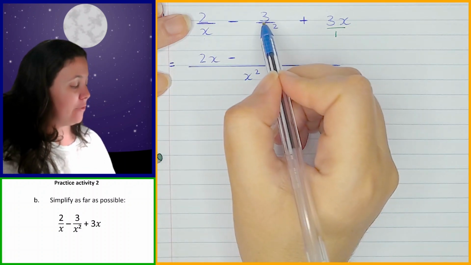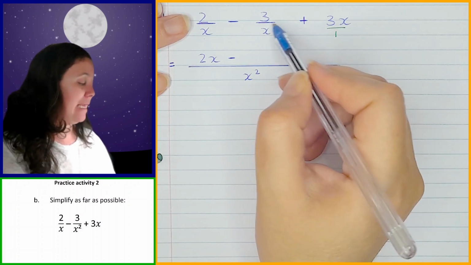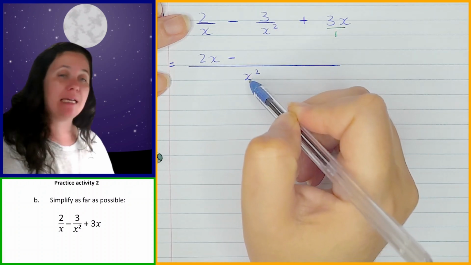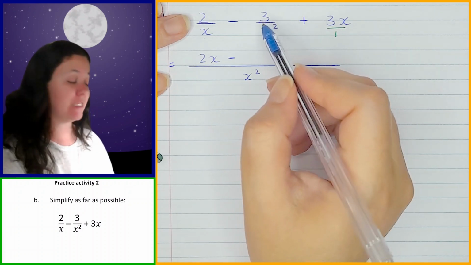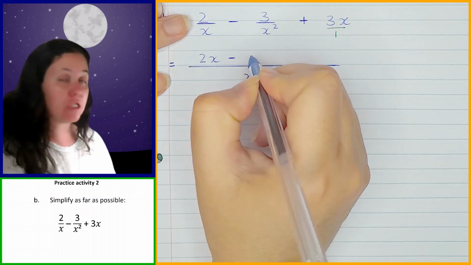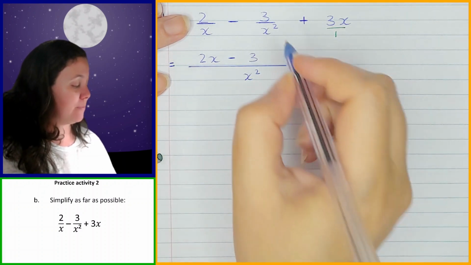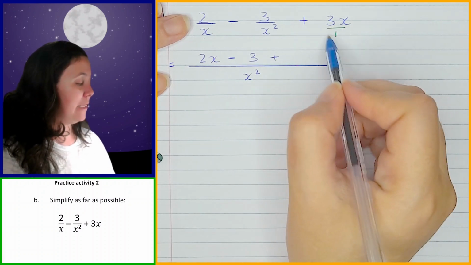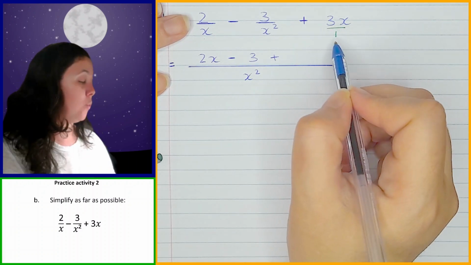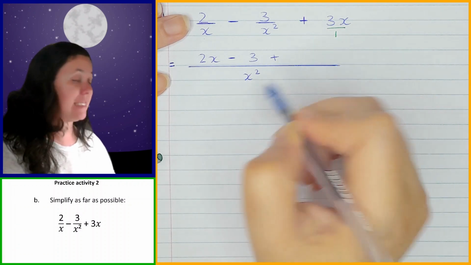Minus, then over here I've got 3 at the top, and the x squared is already the same as the LCD, so I don't need to multiply by anything, so that 3 is going to stay 3. And because it's only one term, I don't have to worry about putting it in brackets, so it's just going to be 3. Then I've got over here plus, then the 3x is over 1, so I need to multiply that by x squared to get x squared.